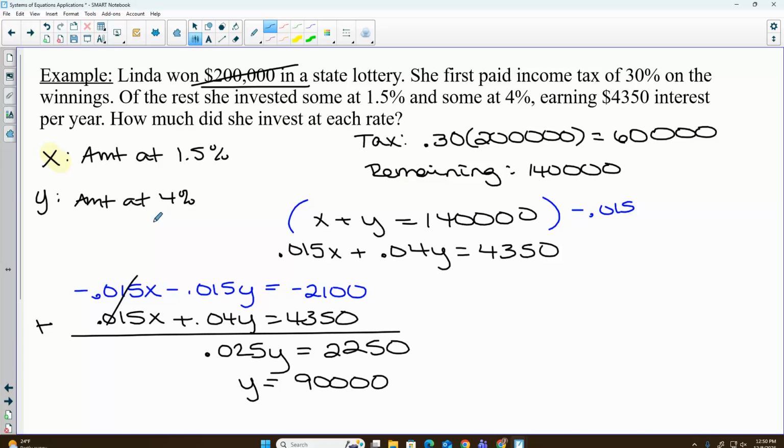And to find x, what do we do? Plug it back in to either equation, probably easiest to do the first one. So x is 50,000.